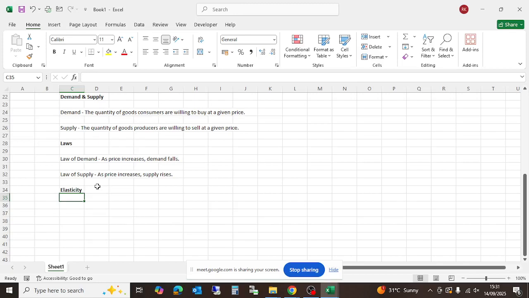When you were going through the manual, did you by any chance bump into elasticity? Okay, so elasticity will practically show us the sensitivity of demand and supply.